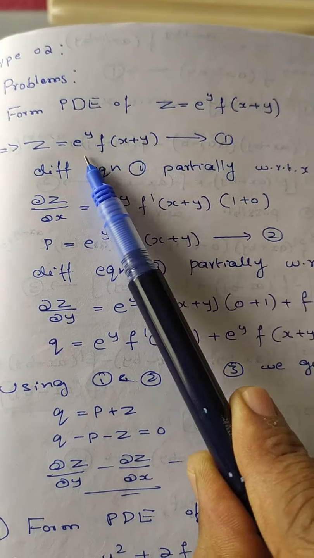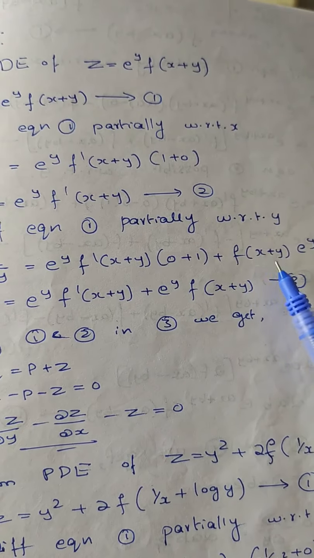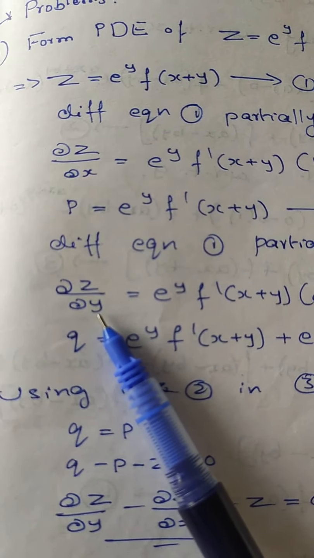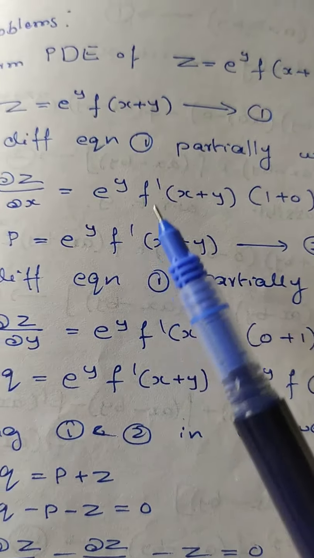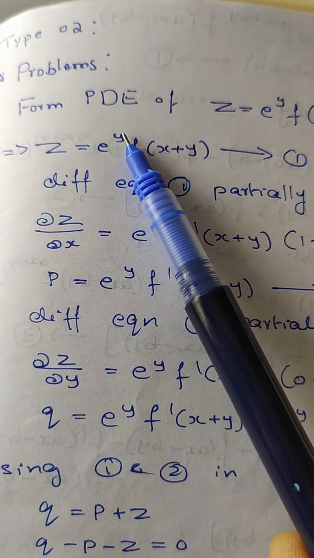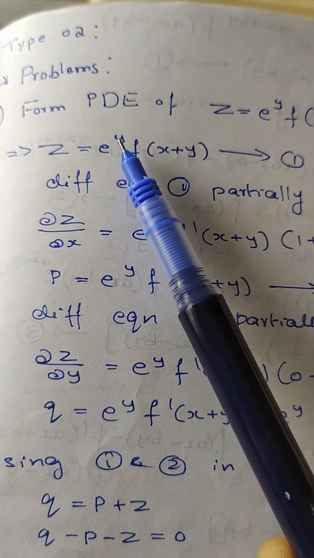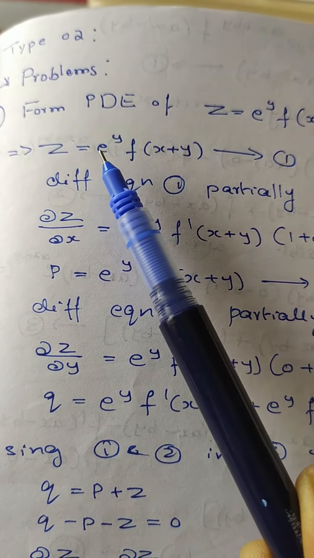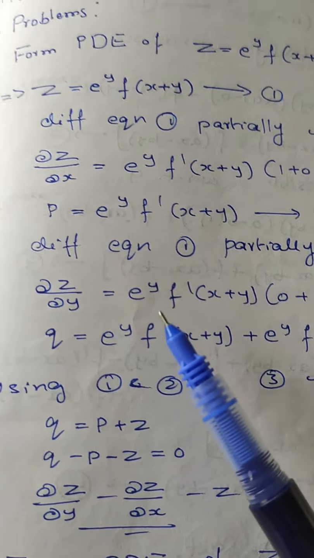Now differentiate the same equation with respect to y partially. Now y is variable, x constant. See here, we have y in both the exponential and the arbitrary function, and these two are a product of two functions. Use product rule.